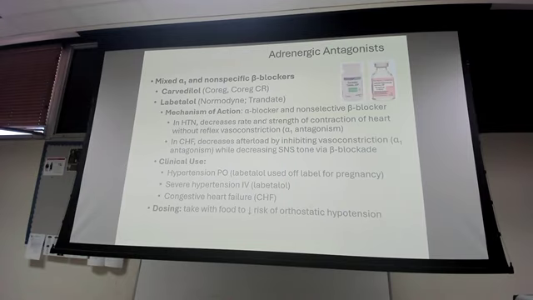When you're looking at CHF, you are again decreasing their heart rate, okay? I'm decreasing their heart rate, but I'm not allowing that vasoconstriction to happen, because I still have my alpha action that's there. I'm blocking it. Okay? So just understand I can use it in hypertension, I can use it in my patient with congestive heart failure.